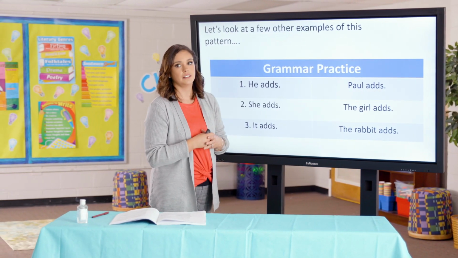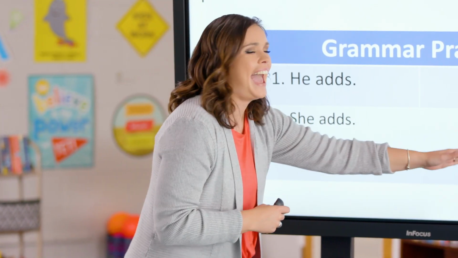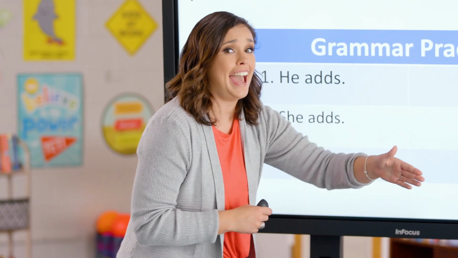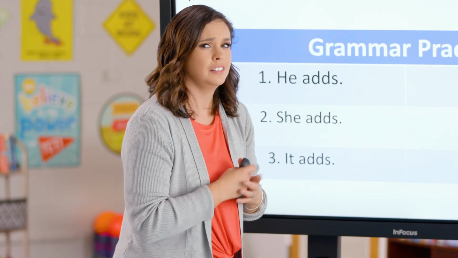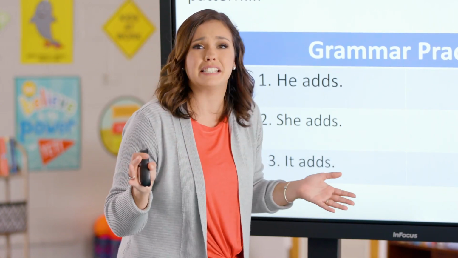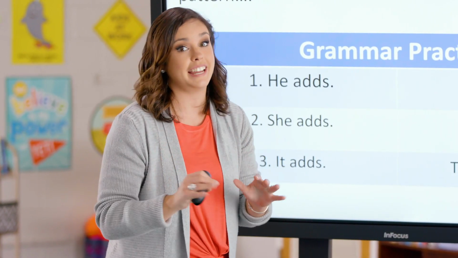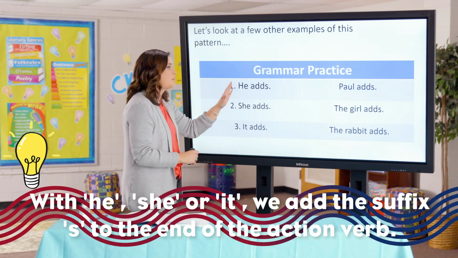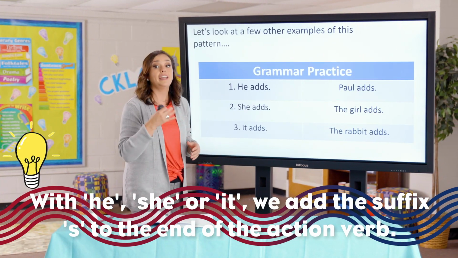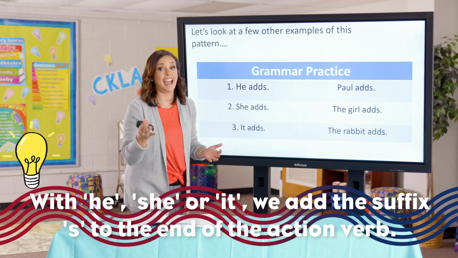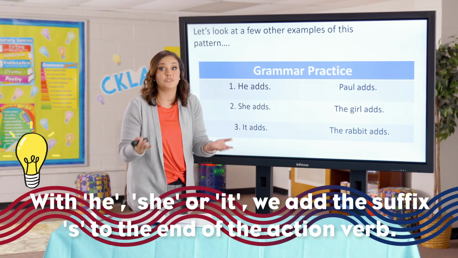That makes sense. What if it was the rabbit add? The rabbit add carrots to its pile? The rabbit add? That doesn't make sense. The rabbit adds carrots to its pile. That makes sense. So remember, anytime we have he, she, or it, we add the suffix S to the end of the action verb, and that is subject-verb agreement.